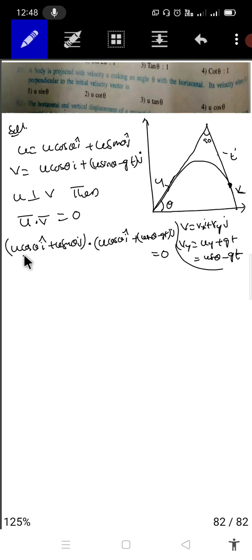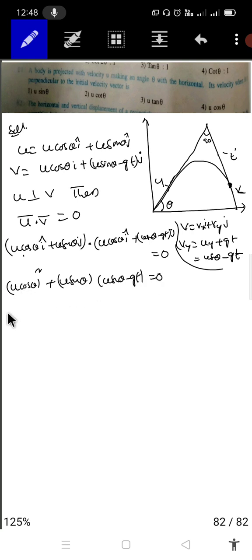Now u cos theta into u cos theta, whole square, plus u sin theta into u sin theta minus gt, equals 0.